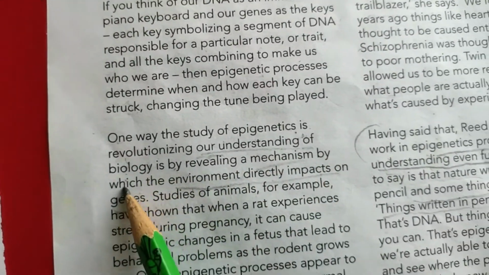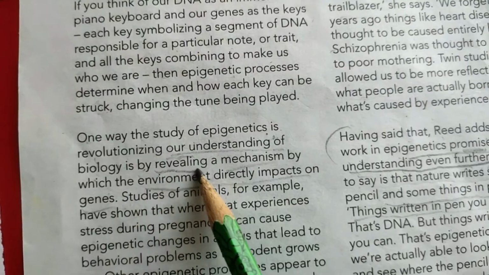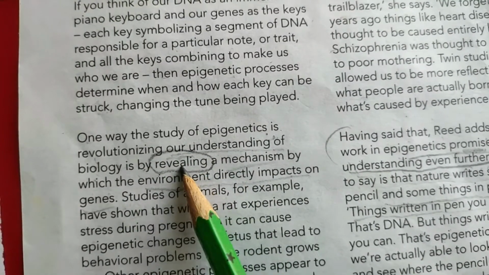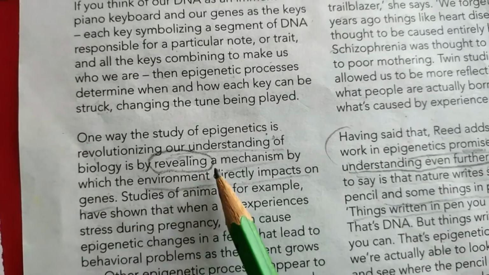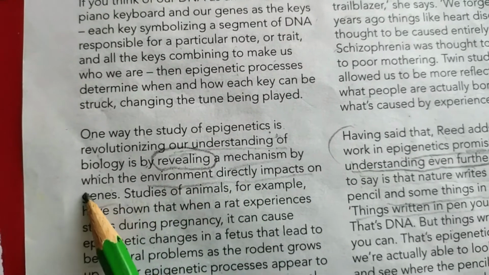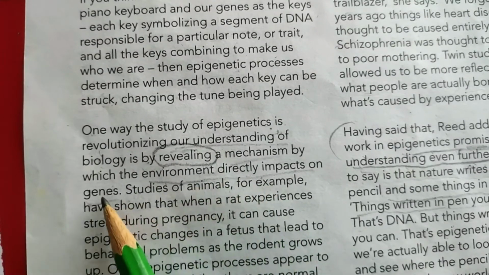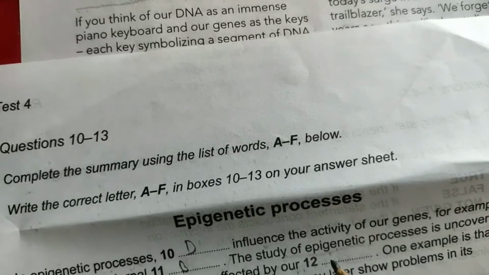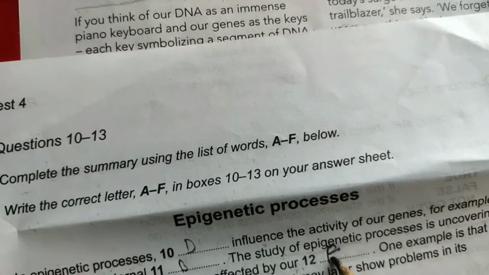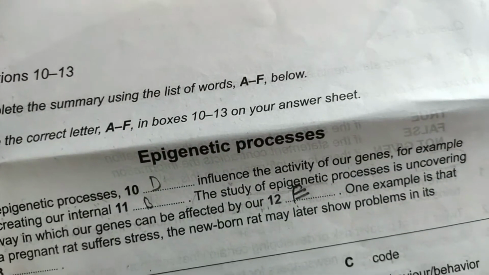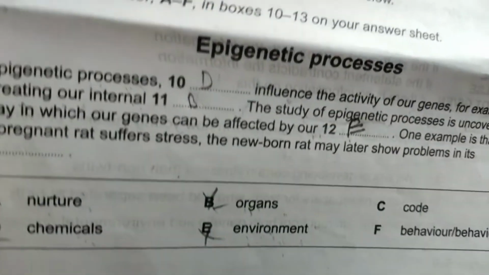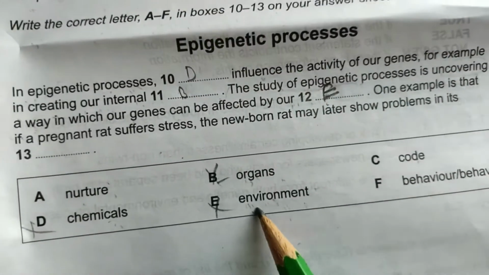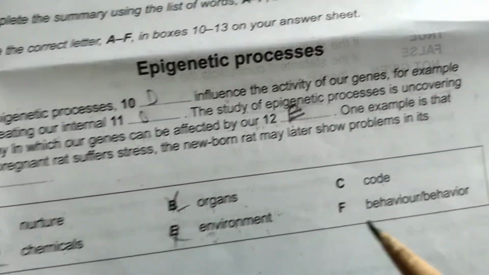For uncovering, the writer has used the word revealing, a mechanism by which the environment directly impacts on genes. So for this we got the clue here, E. We have put the letter E, and for environment here the option is also E.